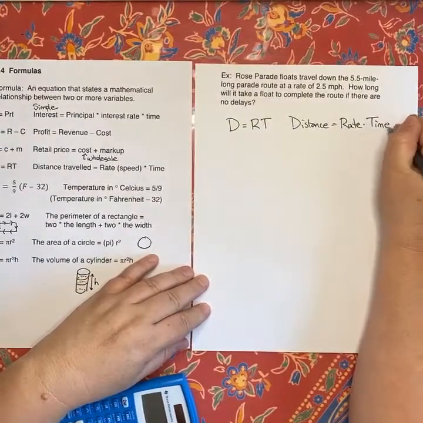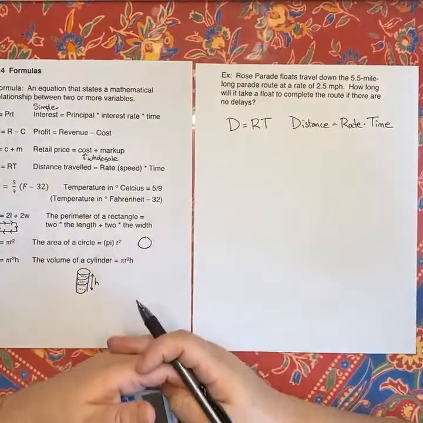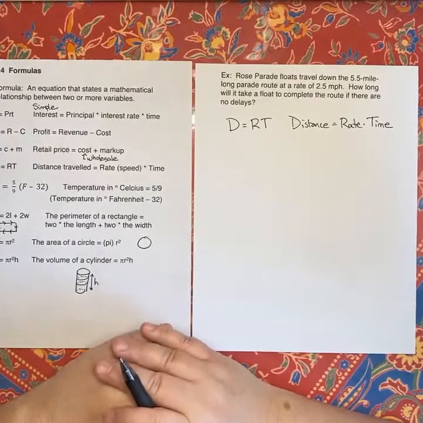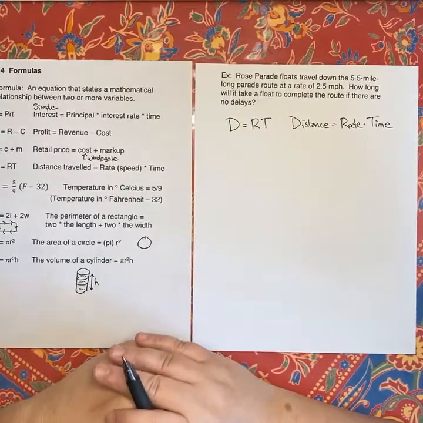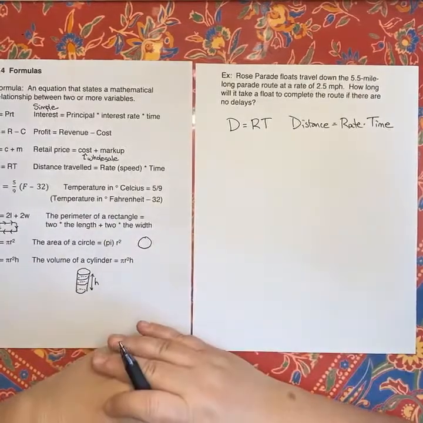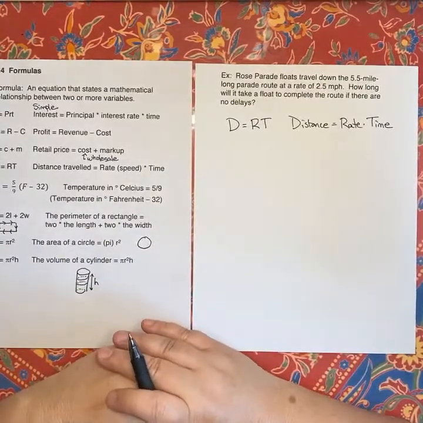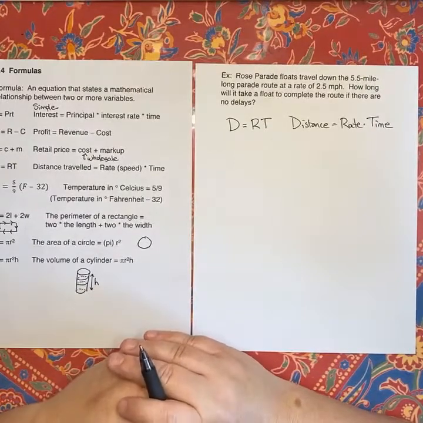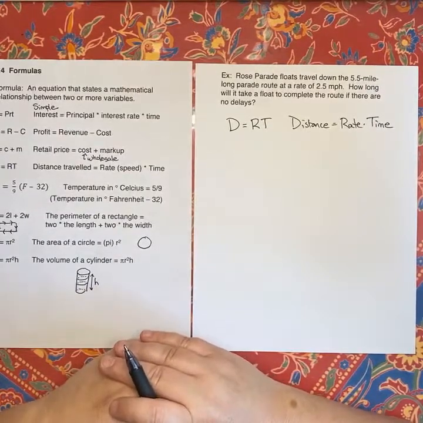This is a really important one. This comes up a lot in math and in physics and in calculus because it governs the motion of a lot of things: people, Rose Parade floats, planets, stars, even spaceships. You can do a lot of really interesting things with this formula.